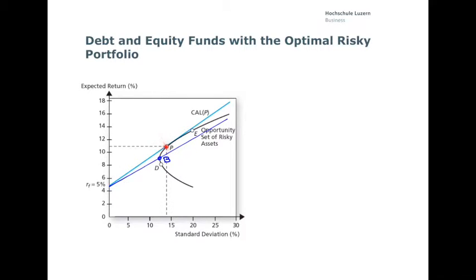We can read the expected return and standard deviation of portfolio P from the graph with an expected return of 11% and a standard deviation of 14.2%.